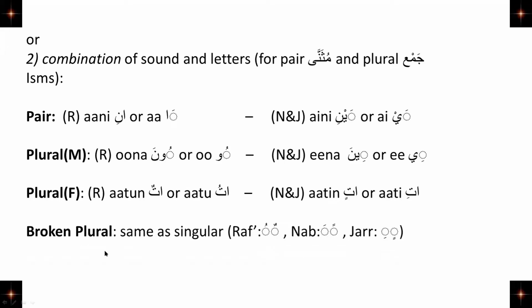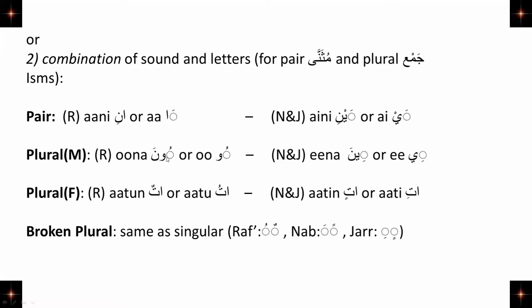The last one here is the broken plural, human or non-human. They are the same as singular, in that this is what we spoke about earlier on, when I said jam'u taksir. Jam'u taksir, they look more like singular. So kutub is the plural of kitabun, but you don't say kutubuna or kitabuna or kitabatun.